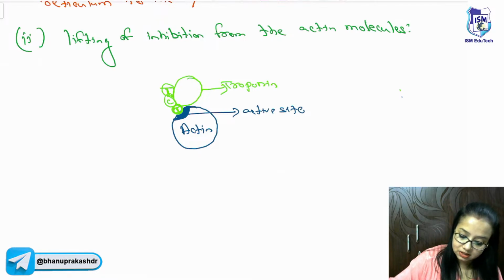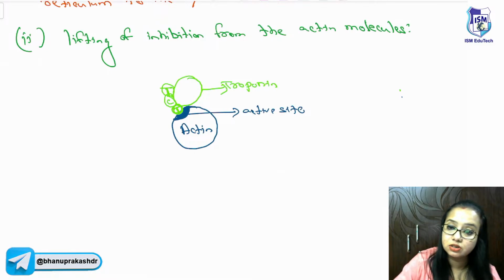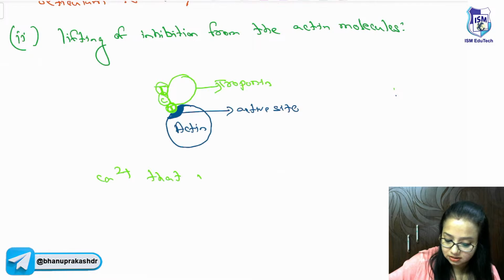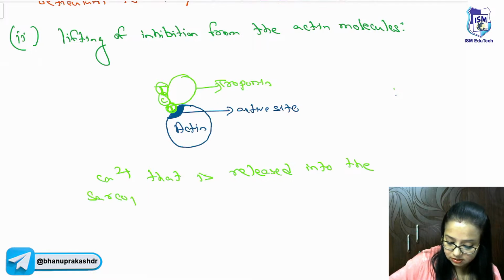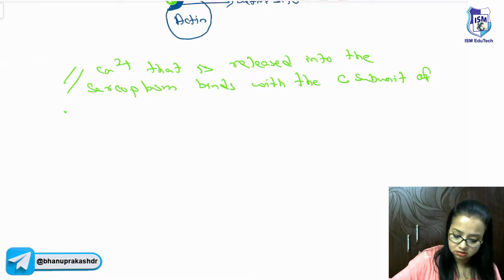Now the calcium that has been released into the sarcoplasm binds with the C subunit of troponin.